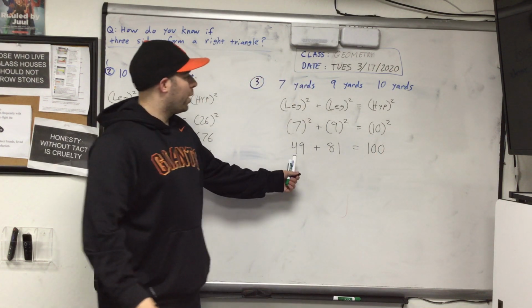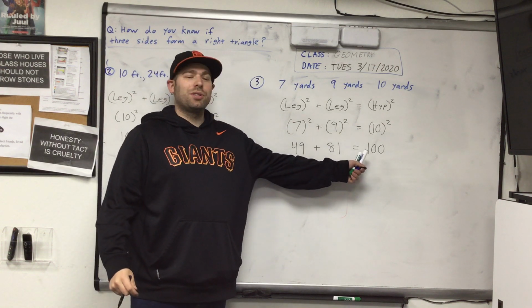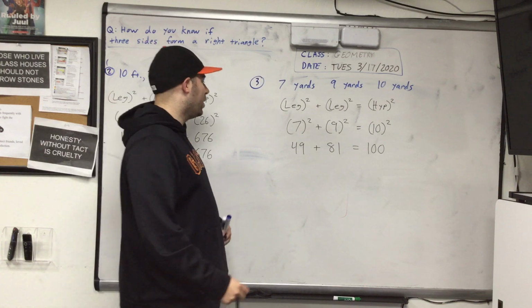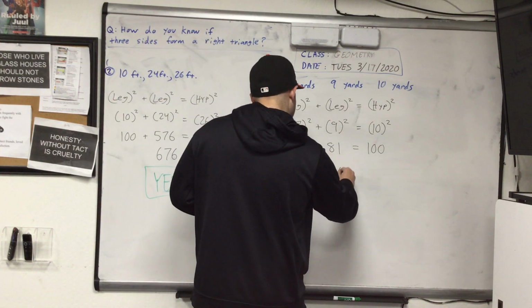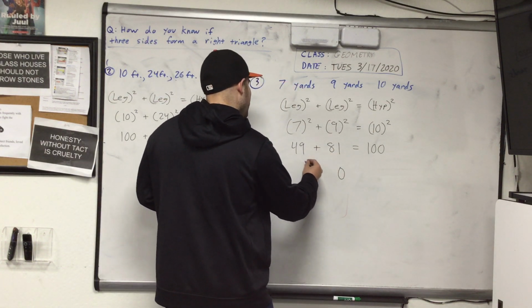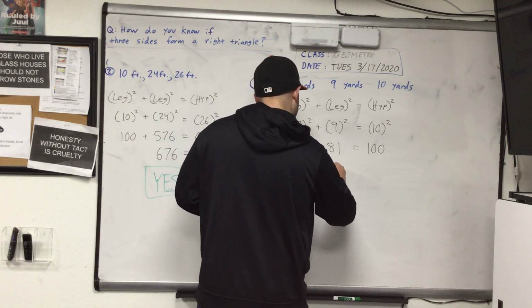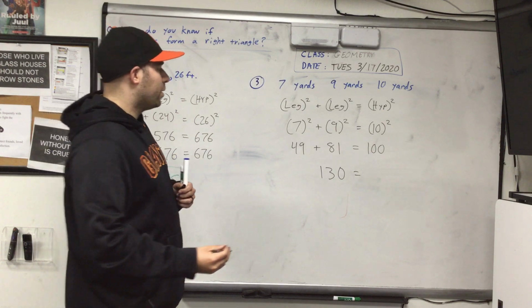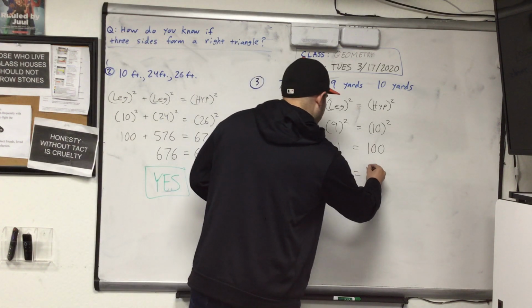The sum of the square of the legs should equal the square of the hypotenuse. 49 plus 81, well, 9 plus 1 is 10. 4 plus 8 is 12, and we're going to tack on a 1, so that'd be 130. Okay, 130 is not equal to 100.